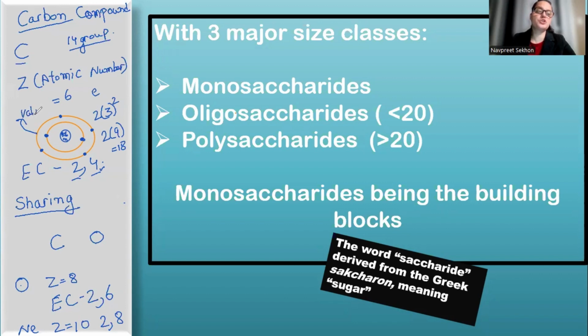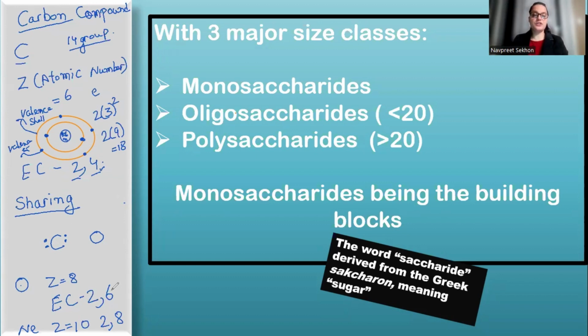All the electrons in this valence shell are basically the valence electrons. So the valence electrons you can see are just 4 in number. So around carbon, I will draw 4 electrons.